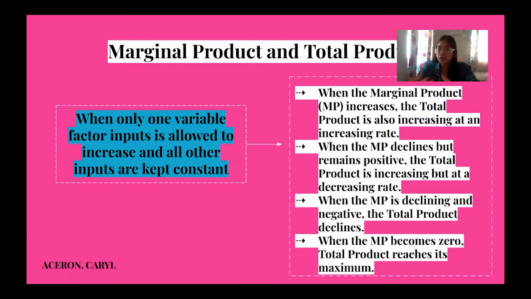When the marginal product declines but remains positive, then the total product is increasing, but at a decreasing rate. When the marginal product is negative, then the total product declines. Next, when the marginal product becomes zero, then total product reaches its maximum.